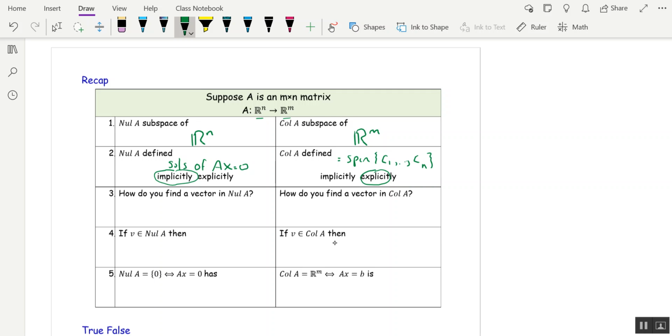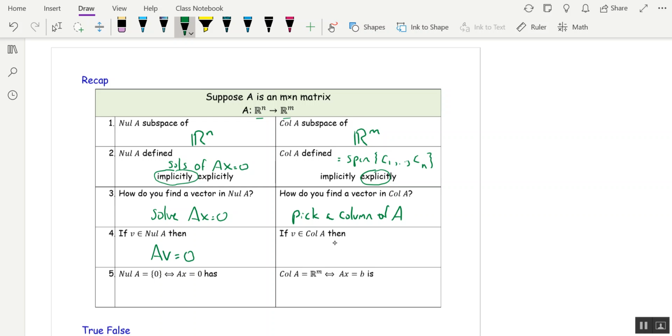Okay, how do you find a vector in null A? You solve Ax equals 0. How do you find a vector in col A? Quickest way is just to pick one. Pick a column of A. That'll be in col A. If v is in null A, then the only thing you could say is that Av is 0.